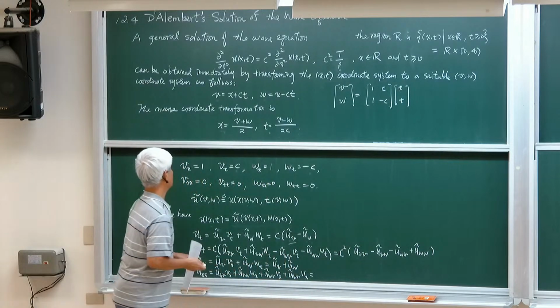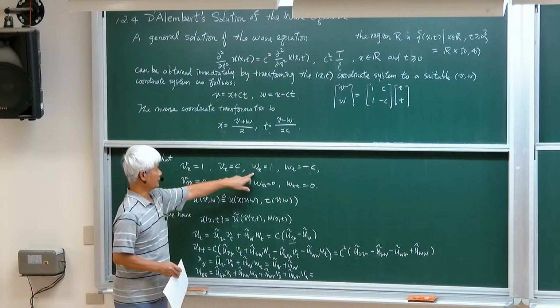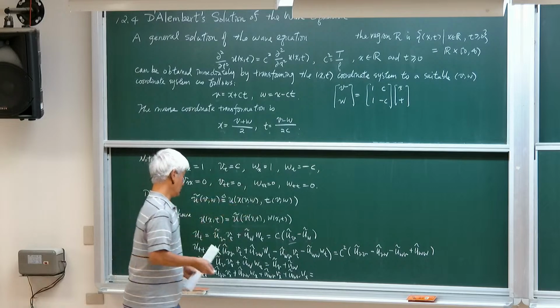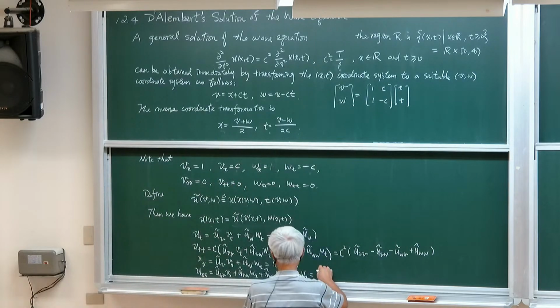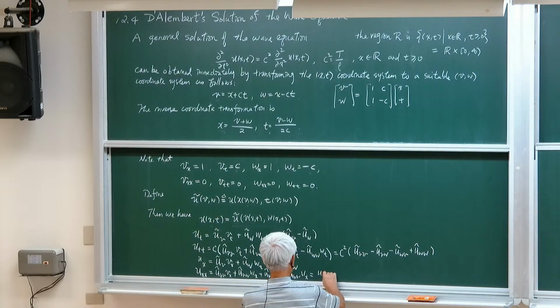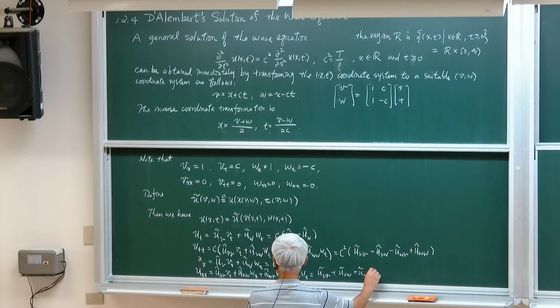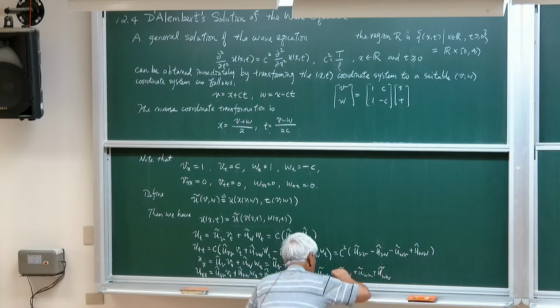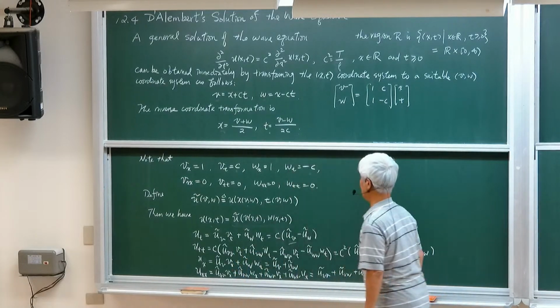And again, V sub x is 1, W sub x is 1. So we have here u tilde VV plus u tilde VW plus u tilde WV plus u tilde WW. Okay, so we have that.